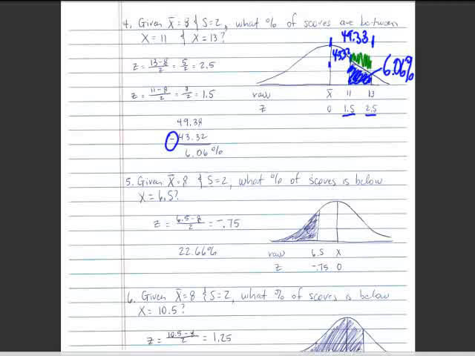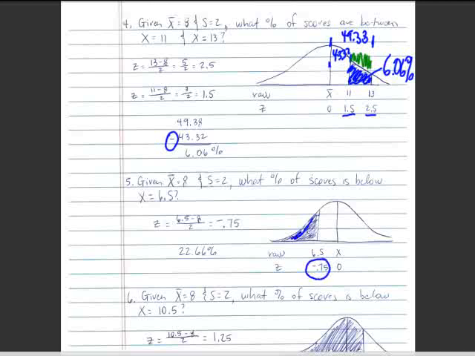Okay. Problem number 5, same mean, same standard deviation. What percent of the scores is below x equals 6.5? Hopefully what you're seeing now is that we're using our z-scores quite extensively. So I transformed that raw score to a z-score. 6.5 minus 8 divided by 2 gave me a z of minus 0.75.